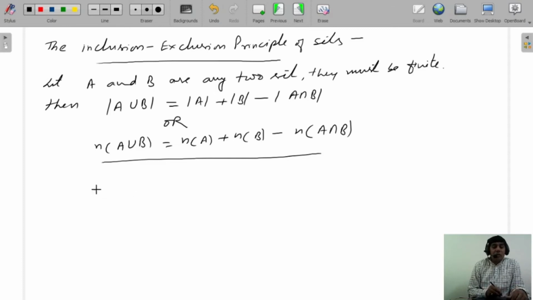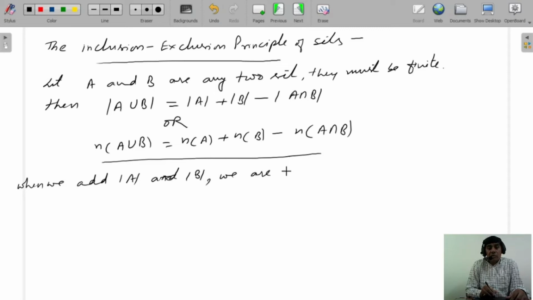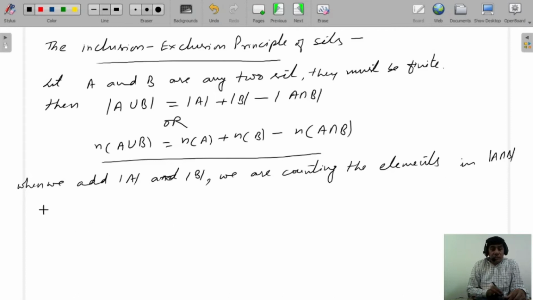When we add modulus of A and modulus of B, we are counting the elements in A intersection B twice.